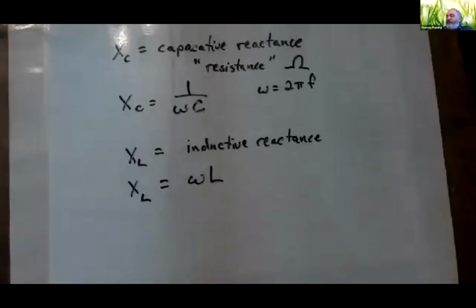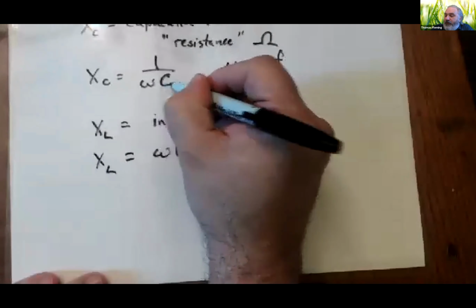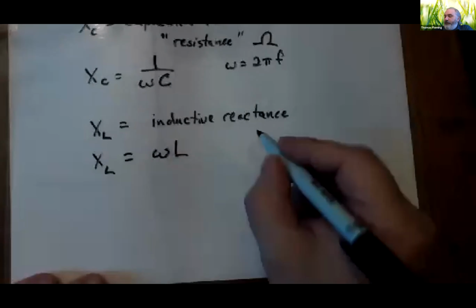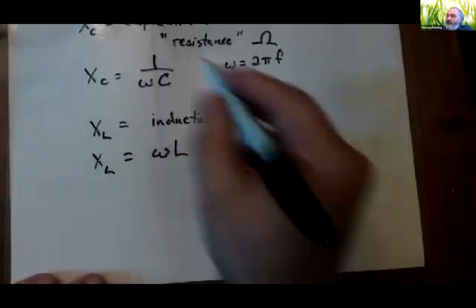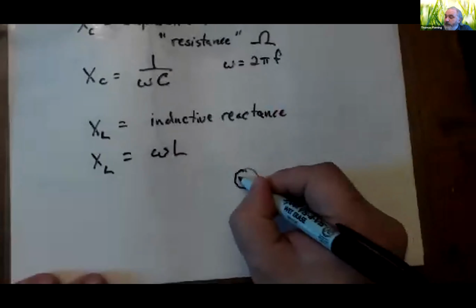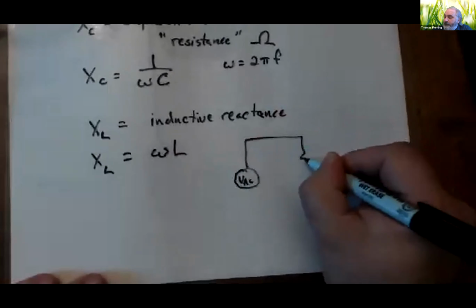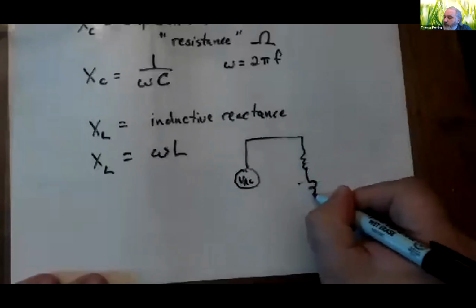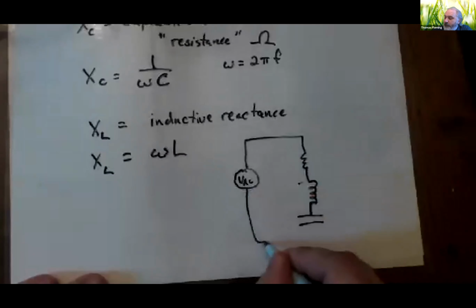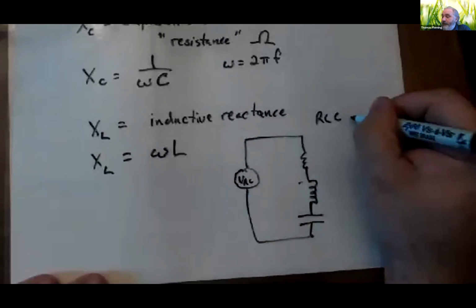And the reason this is cool is because if we've reduced all the weird, complicated average jitter in all these things to one value, now if I'm thinking about an AC circuit that has resistors, inductors, and capacitors, we would call this a series RLC circuit because it's got everything.